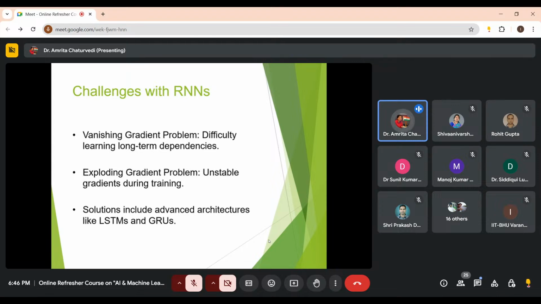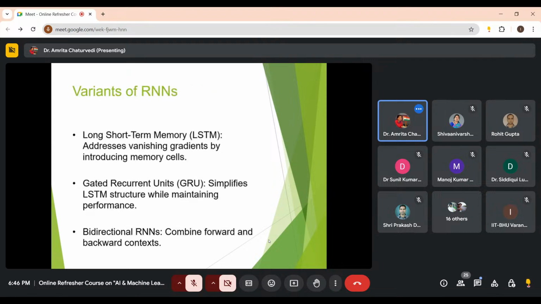Solutions to these problems include advanced architectures like LSTM and GRU, that is gated recurrent units. Long short-term memory, LSTM, addresses vanishing gradients by introducing new memory cells, and gated recurrent units simplify the LSTM structure while maintaining performance.